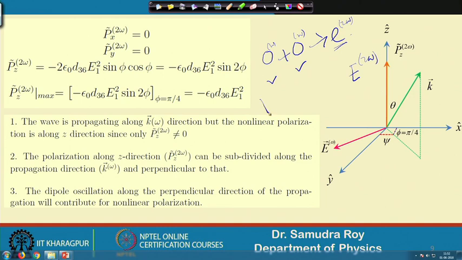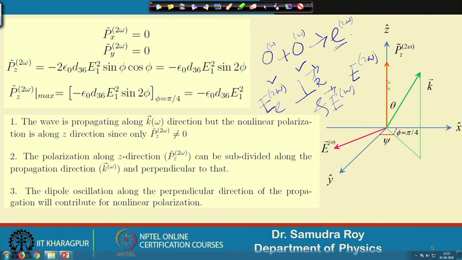So, what is the condition of an extraordinary wave? The extraordinary wave of 2 omega should be perpendicular to k, and also perpendicular to E.